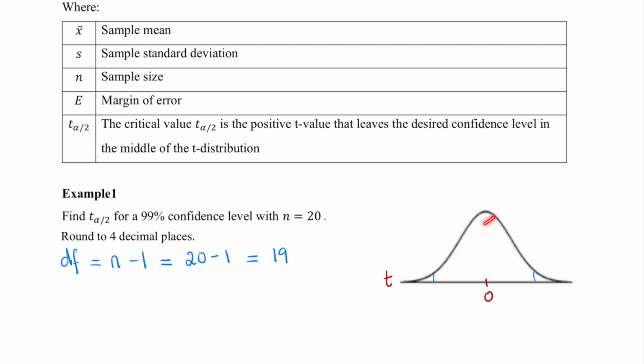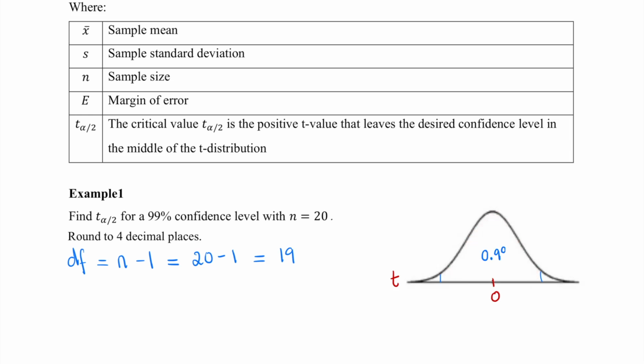So this area is 99%, or 0.99. So this value is negative t of alpha over 2, and this value is positive t of alpha over 2.